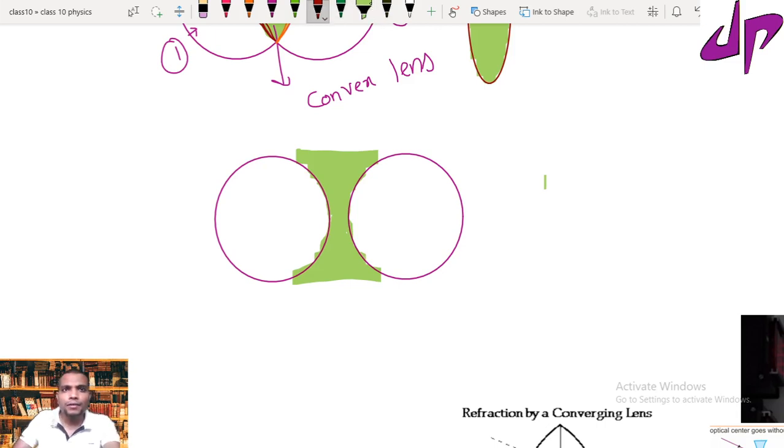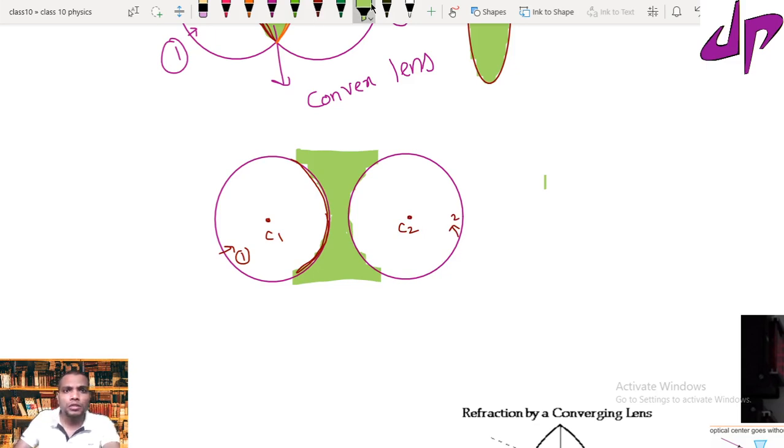Now to this concave lens also we have two curvatures. So this is the curvature for sphere 1, which has center of curvature C1. Another sphere, sphere 2, has center of curvature C2.